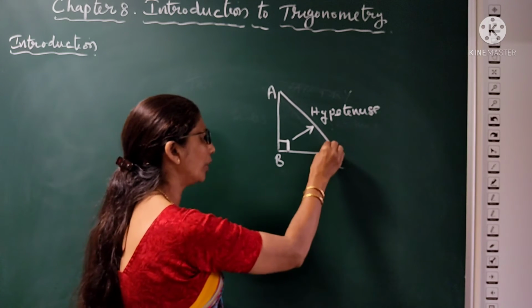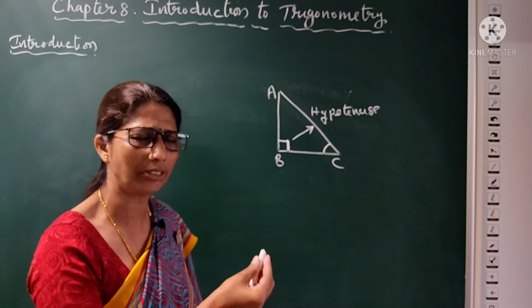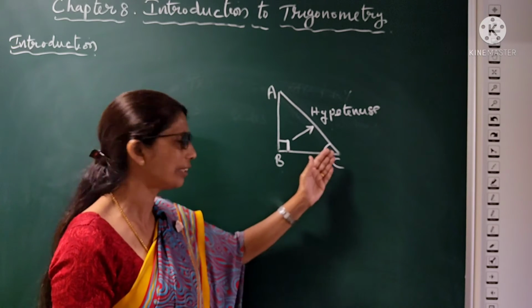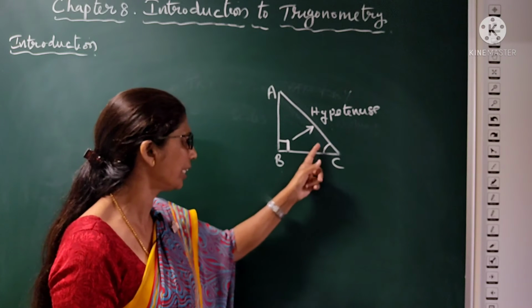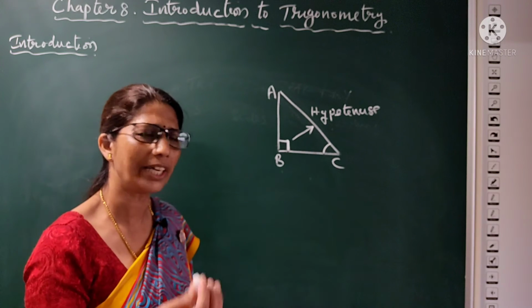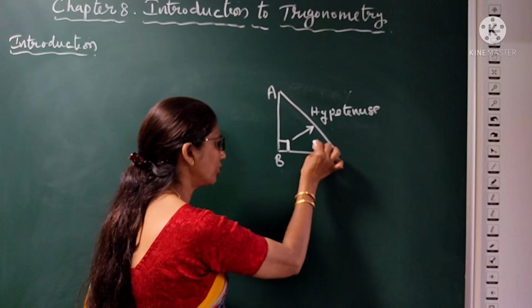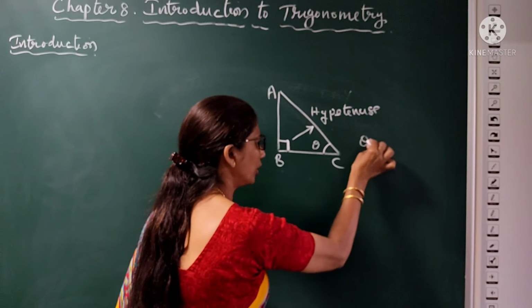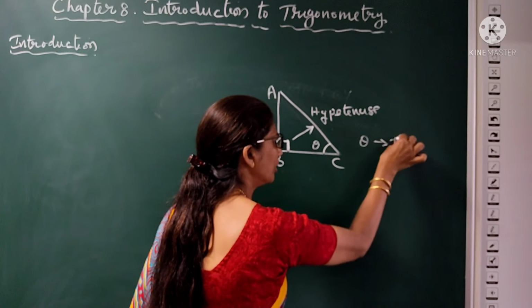Now consider one of the angles. Anyone you can take; here I am taking angle C. We can consider it with any name, and we name it theta. This is theta.